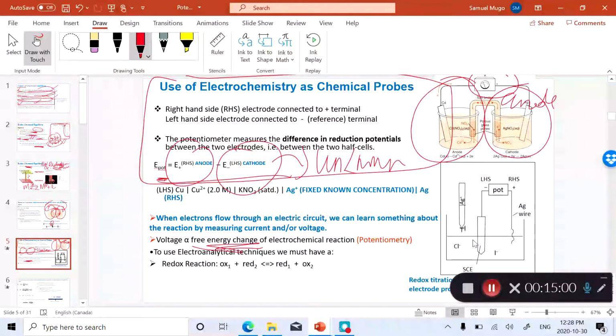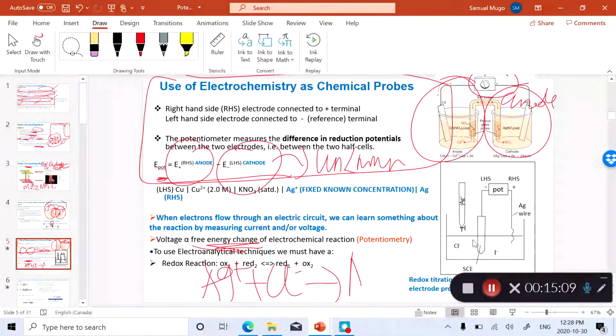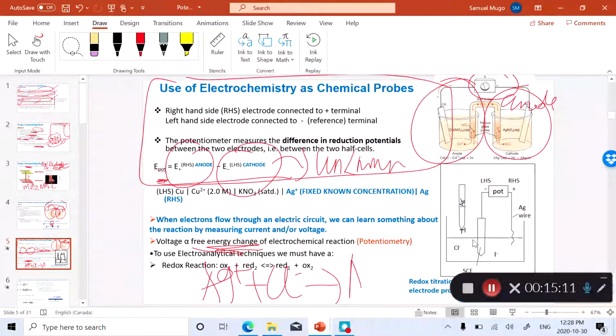Remember, for example, what we did before, when we were titrating chloride using silver, and we called it an argentometric titration. So this is the analyte, and we are titrating the analyte using silver.